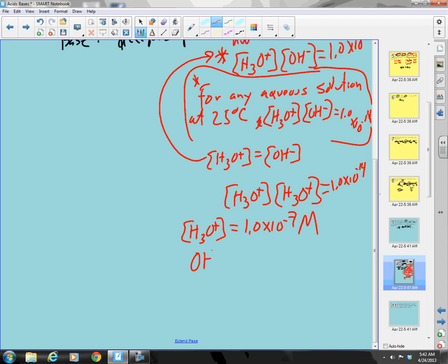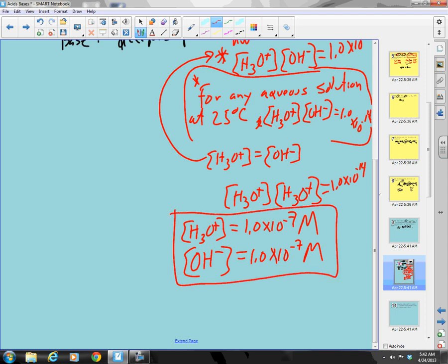And if that's equal to hydroxide, then hydroxide's the same, right? 1.0 times 10 to the minus 7th molar. And this is true for a neutral substance at 25 degrees Celsius. Got it? Okay, now don't worry about how I derive that, because I really didn't show you the derivation, but later in AP Chem, we'll talk more about that.